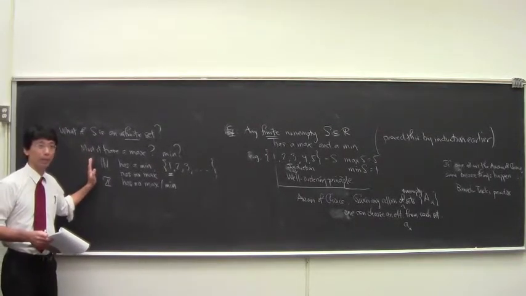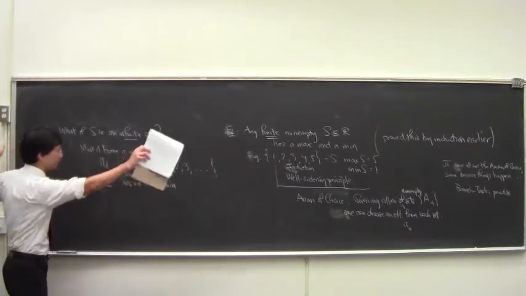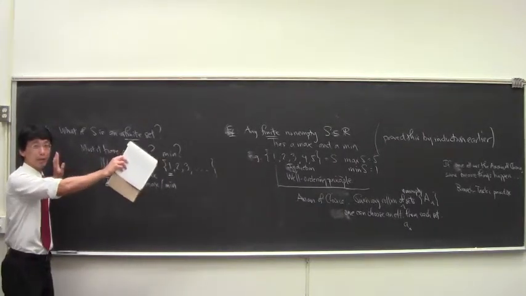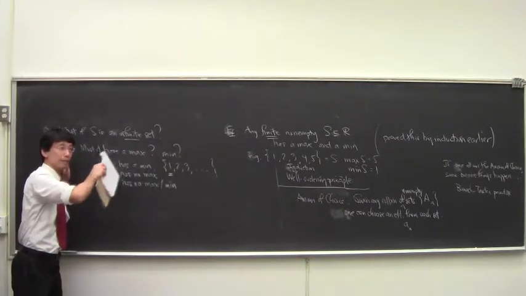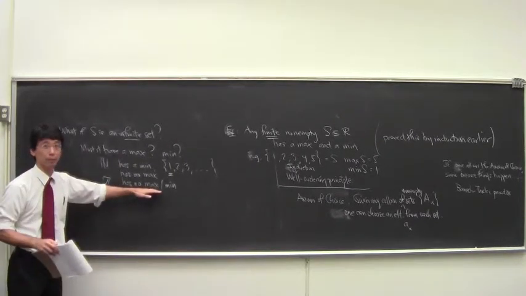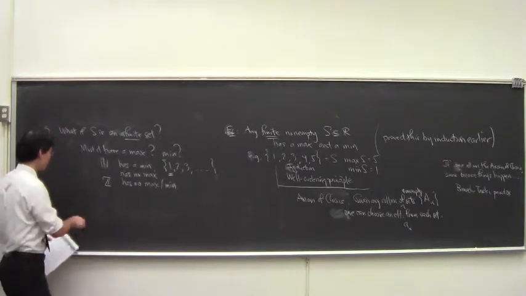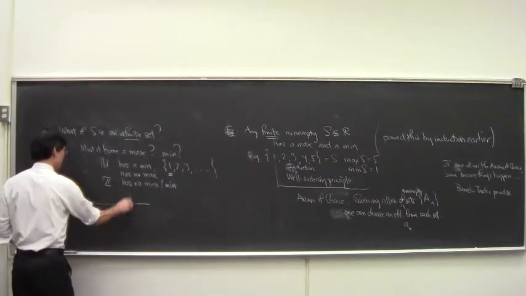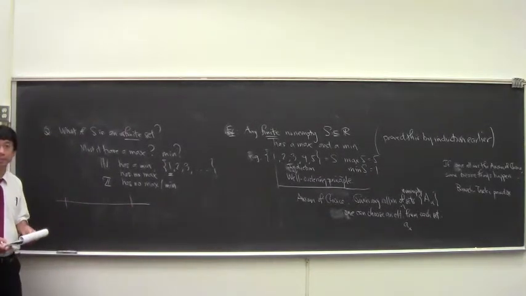These examples go off to infinity, which is why they have no max or min. But can you give me a set between here and here that has no max and min?